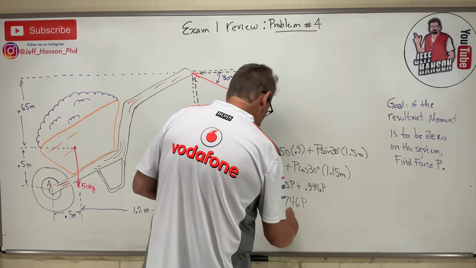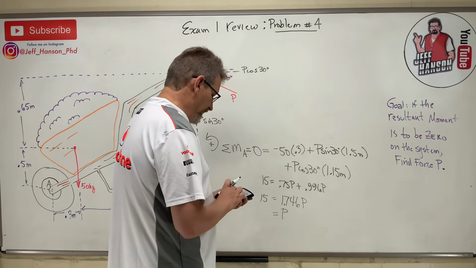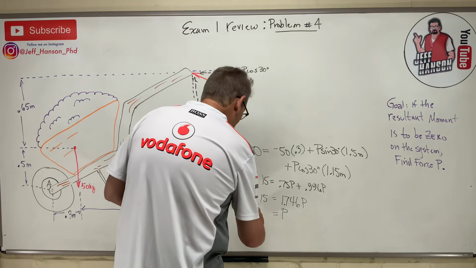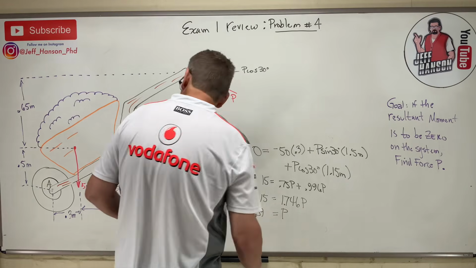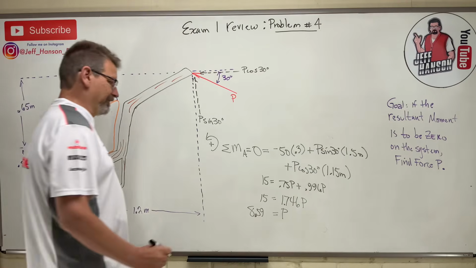Which makes P equal to 15 divided by 1.746, which equals 8.59. That was in kilograms, isn't it?